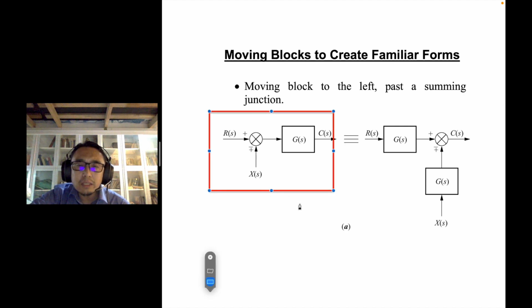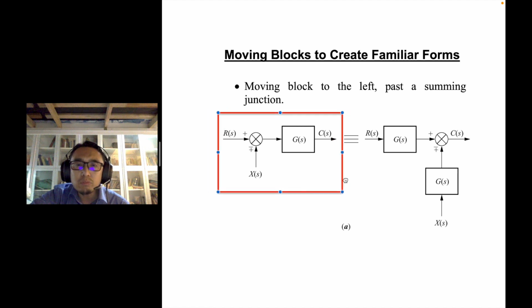So assuming we have a situation here, let's just look at the situation. Sometimes there is a necessity for you to move this G from its original location. In this case, the original location is after the summing junction. We want to somehow move it before the summing junction. Why?